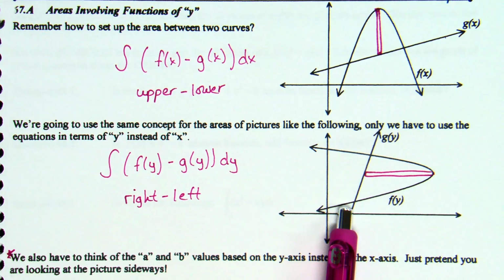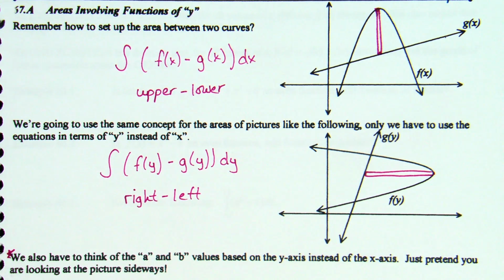No, wait, now you've got me confused on this one. Either way you look at it, you want your B value to be the bigger value. When we say A to B, A is your smaller amount, B is your bigger amount.